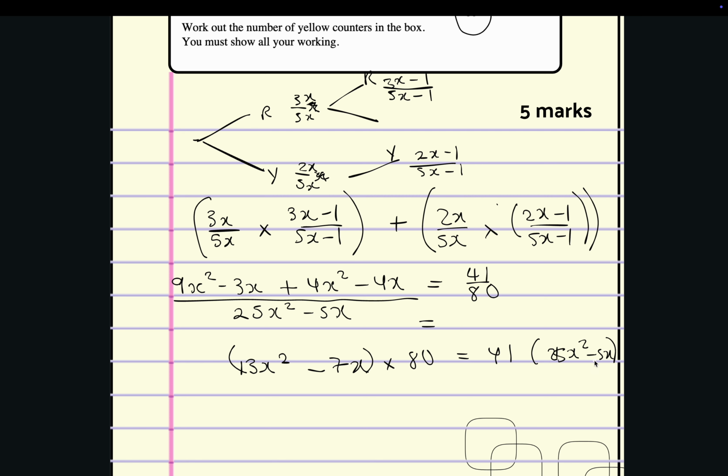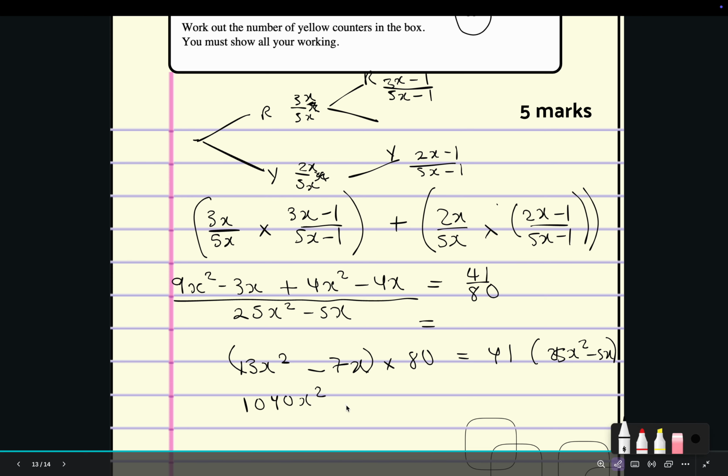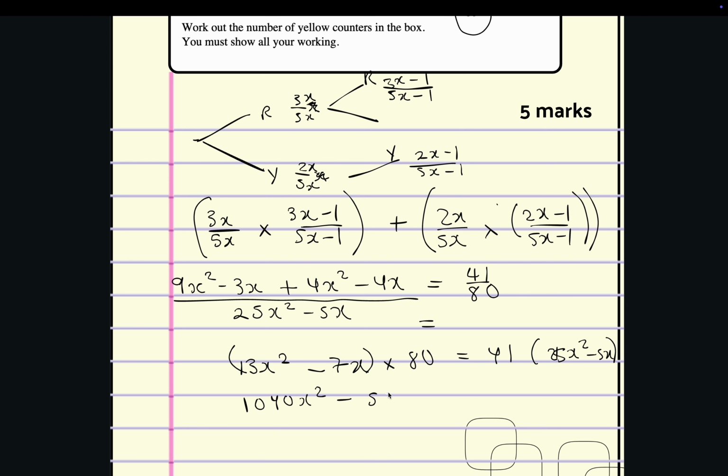Hope you guys are following along, because this is not the easiest question. So that's 1040x squared minus 560x, and that is, what's 41 times 25? Put that in your calculator. 1025x squared minus 205x.